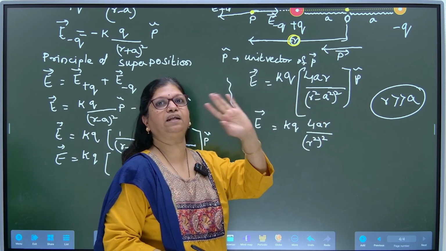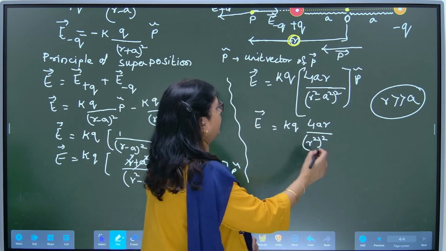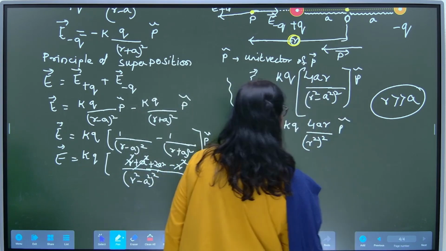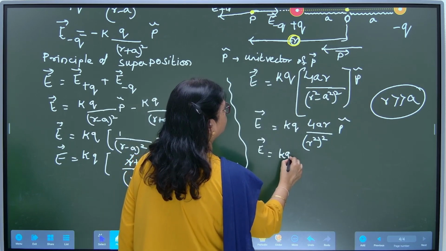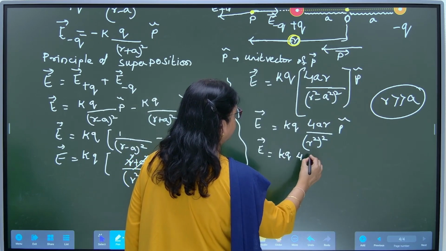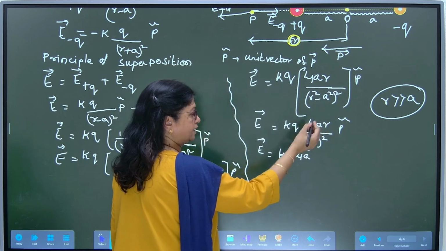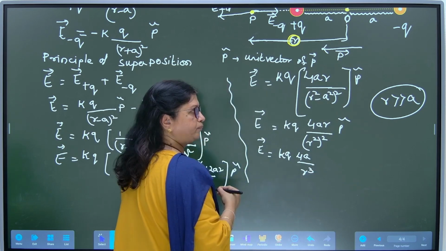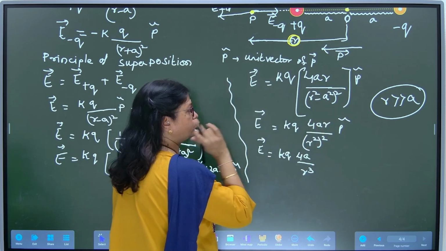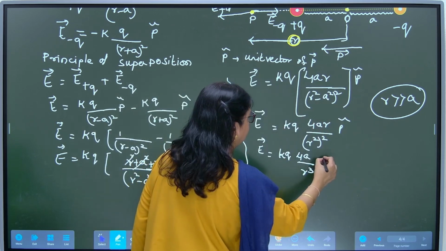In the denominator, while subtracting, we have neglected it, and that too it's squared. Fine? Okay. So finally, we have E is equal to KQ, 4AR upon R raised to 4. That will cancel out. So I'll have R cube. I have just cancelled the powers. This power is 1, this is 4. 4 minus 1 gives 3. I have written that Q, P cap.